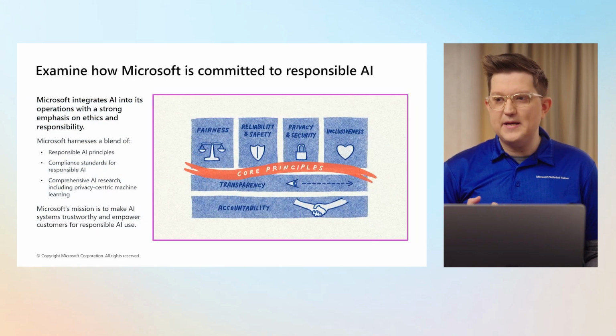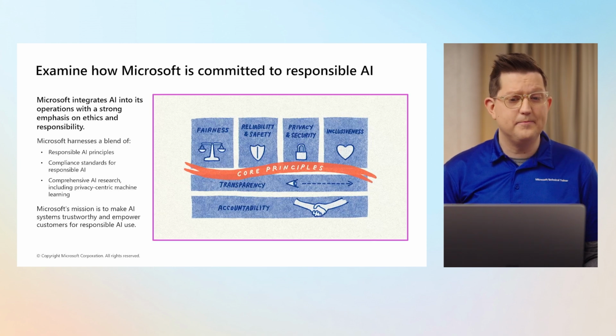The last big piece I want to emphasize here, before I just show you a little bit of Copilot, is our responsible AI. Microsoft has, for a very long time, had a key set of responsible AI principles, and we adhere to them at all times.